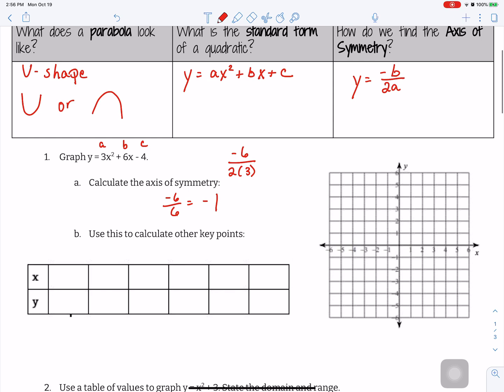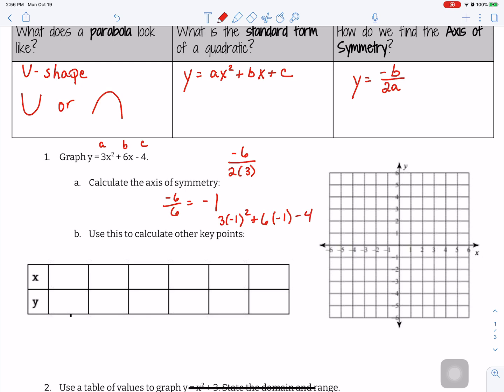So if I know that that is my x value, I can go ahead and put that in for x to figure out what my y value is going to be. So I'm going to put this negative 1 back up into this equation every time I see an x. So this is going to be 3 times negative 1 squared plus 6 times negative 1 minus 4.